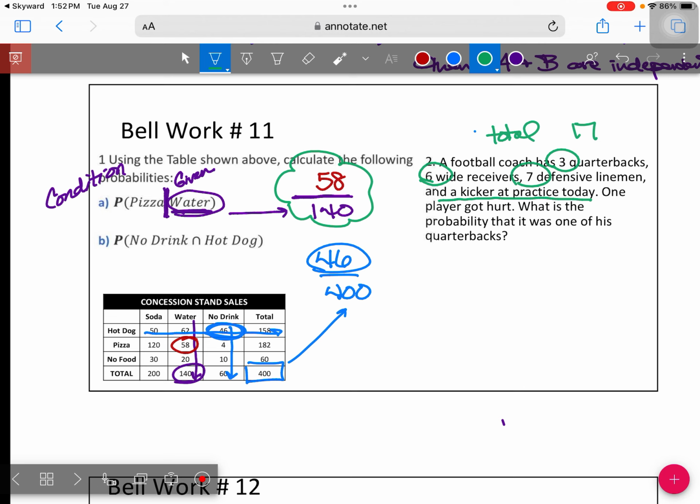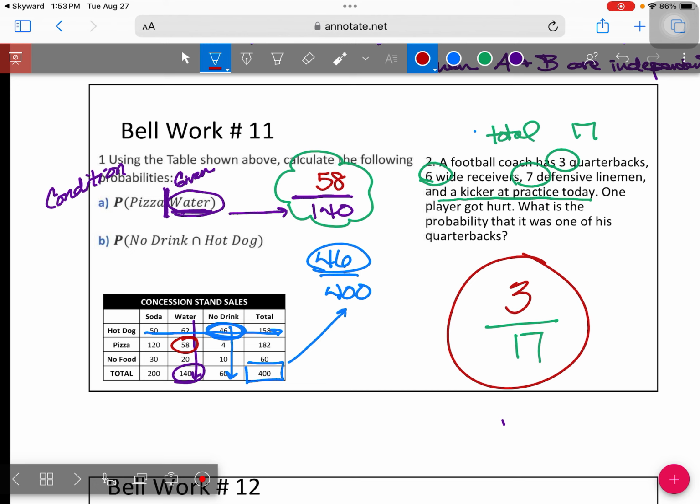What's the probability that it was one of his quarterbacks? Well, out of those 17, 3 of them are quarterbacks, so that would be 3/17. That is the probability that the one that got hurt was a quarterback. Questions on that? So be careful, make sure you read.